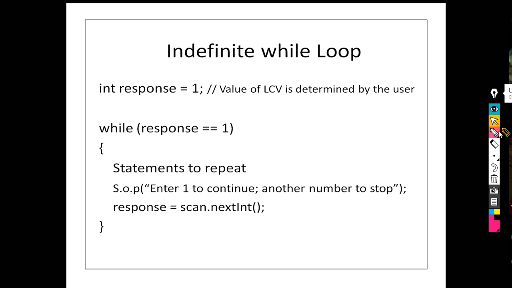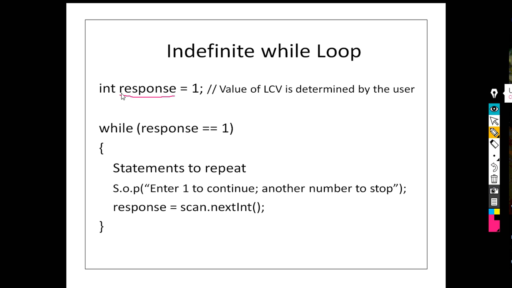In this one we have a variable that we're going to name response. We're not going to name it count, because count usually increments by 1 each time through the loop, but this is going to be different. So we're going to name it so it's applicable to what's actually going on.